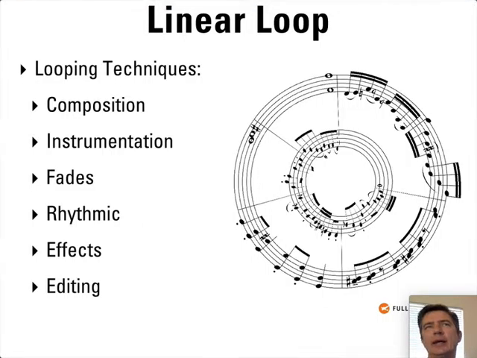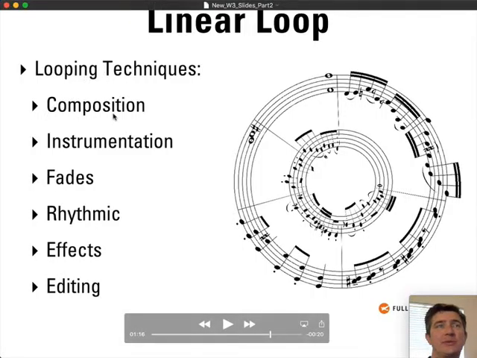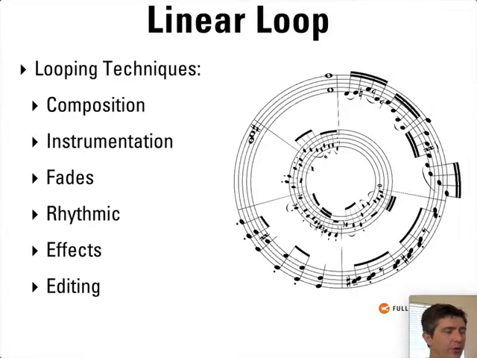There's a couple of different ways and techniques to think about when creating loops. You can hide your loop points in lots of different ways, and probably the best way would be directly with the composition. If you are composing with the intention that this is going to be a musical loop, then the resulting loop will probably be even better overall, where you are resolving back. You know that you need to complete the musical thought within the 2-minute long loop.